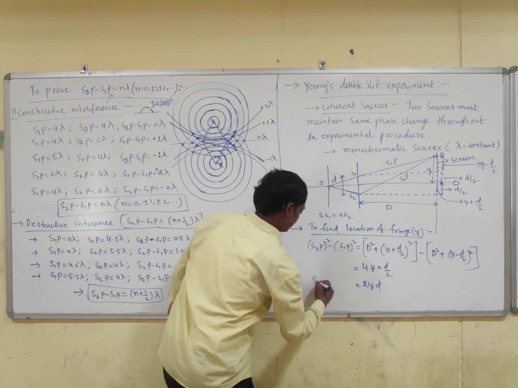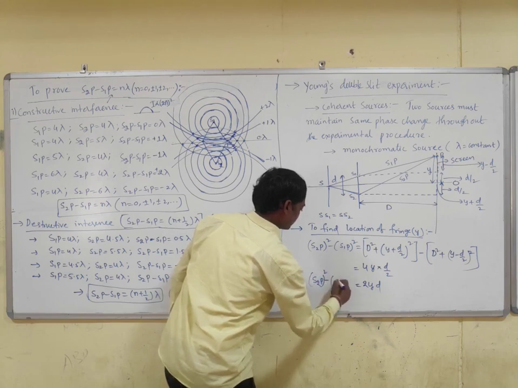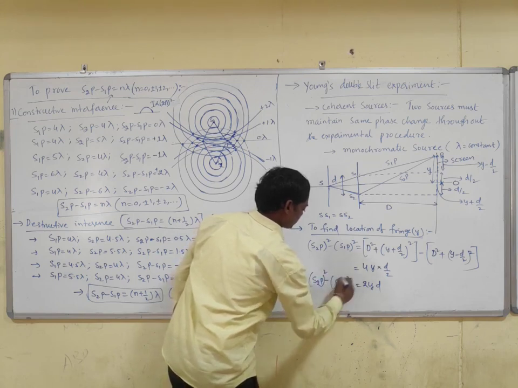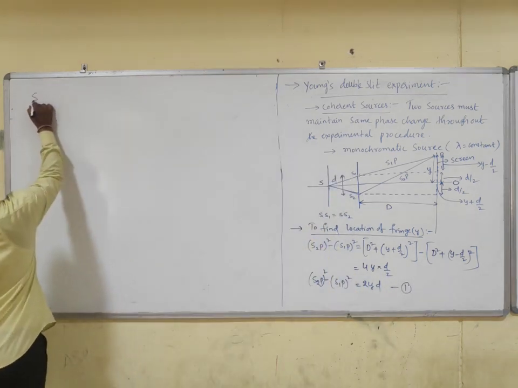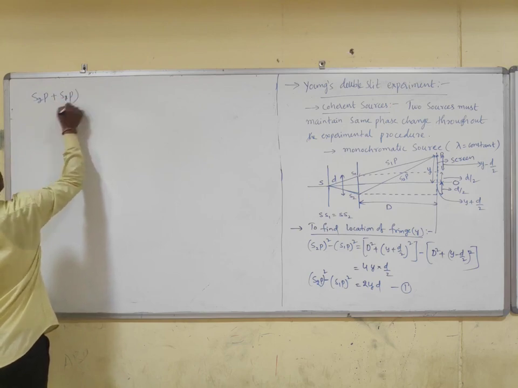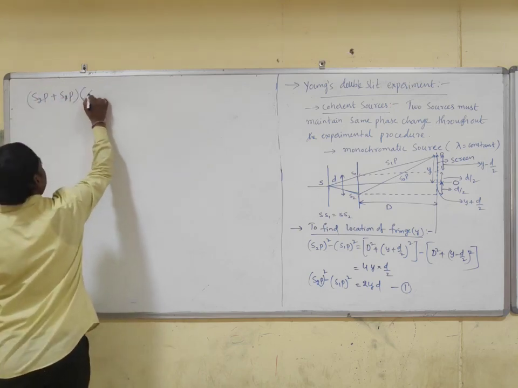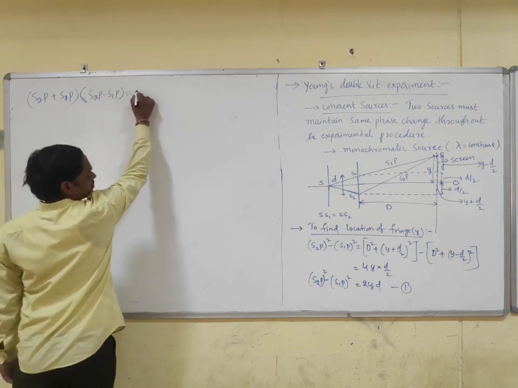So S2P whole square minus S1P whole square, let us take this as 1, we can write it as (a plus b) into (a minus b) is equal to 2yd.